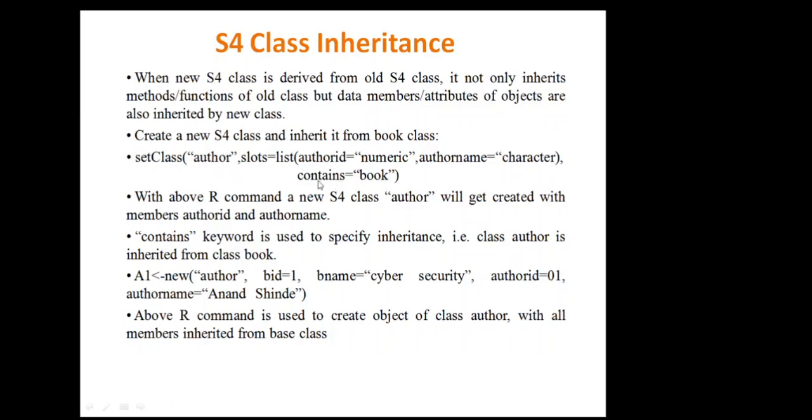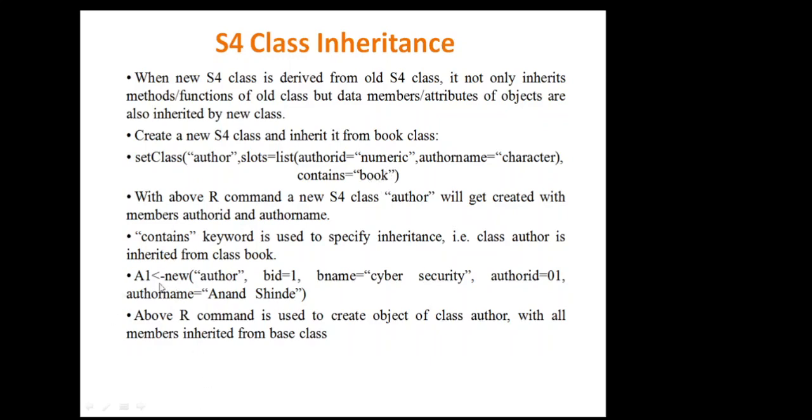So here when we say contains equal to book, after execution of this command, our new class will get created, that is author, with the current slots, author ID and author name. And since this class is inherited from book, it will also consist of the data members from the book class. So in our book class we have bid and bname as data members.